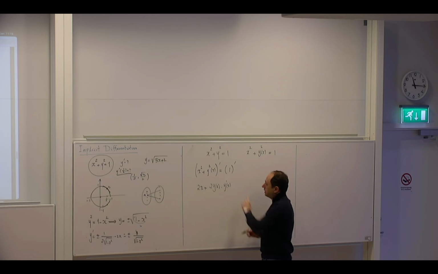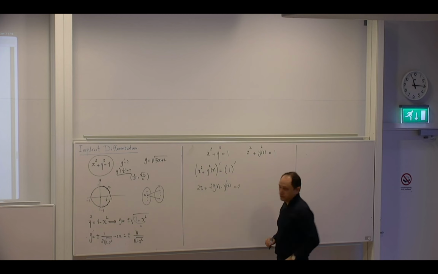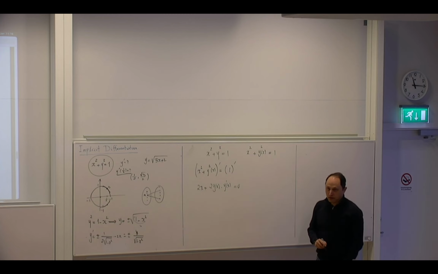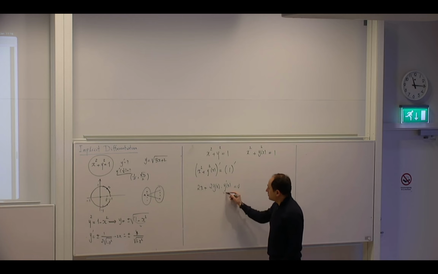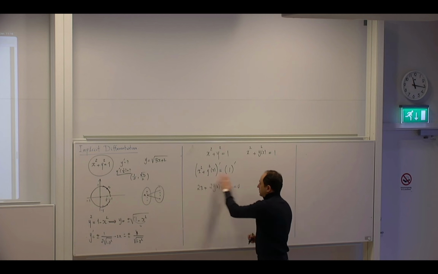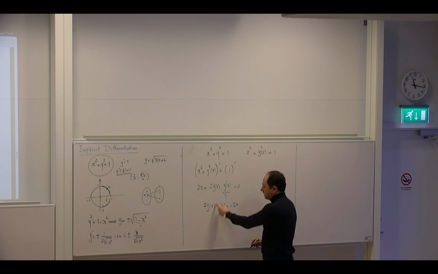And then the right hand side is 0. And then I am looking for y prime. So you move this to the other side, so it becomes 2y of x multiplied by y prime of x is equal to minus 2x.